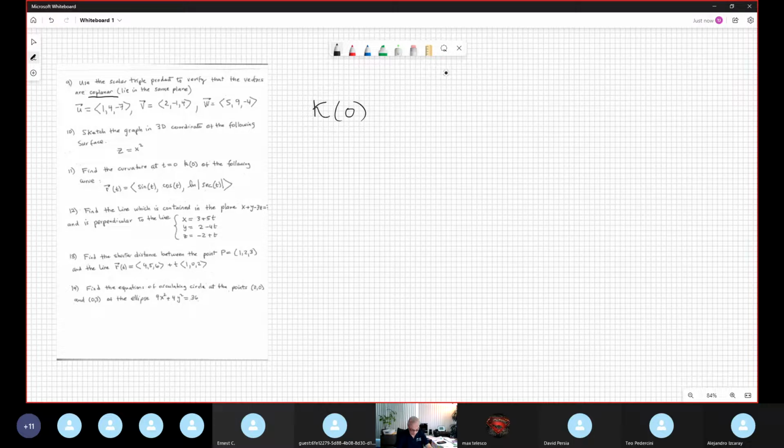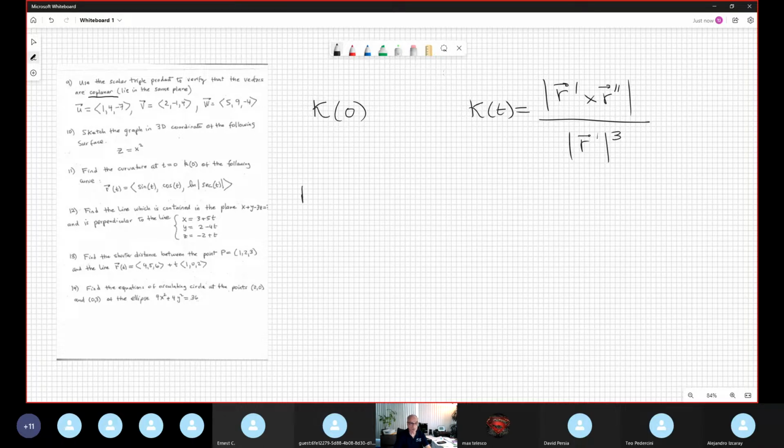What is the formula for the curvature? Curvature at any time is the magnitude of the cross product R prime cross R double prime, divided by the magnitude of R prime raised to the cube. This is the formula.